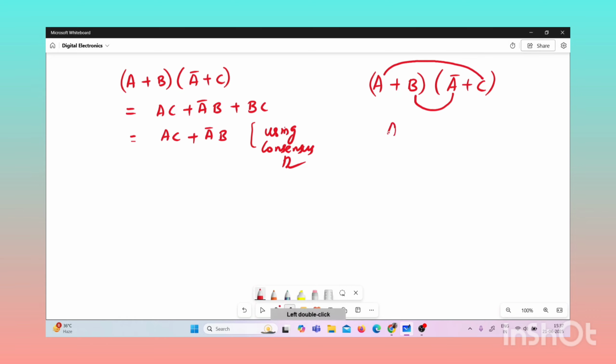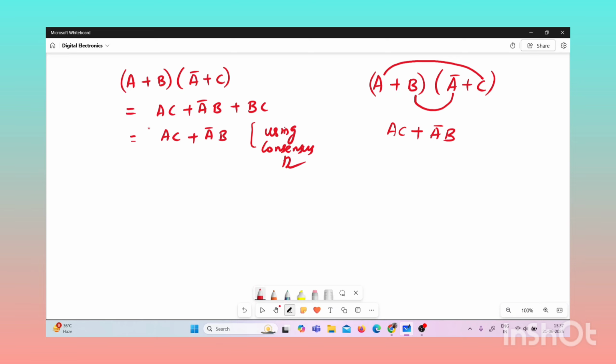So the answer is ac plus a bar b. So whenever the first variables in the given terms differ, do not multiply those two, multiply with the other. This is one of the shortcuts while multiplying the expression wherever it is required.